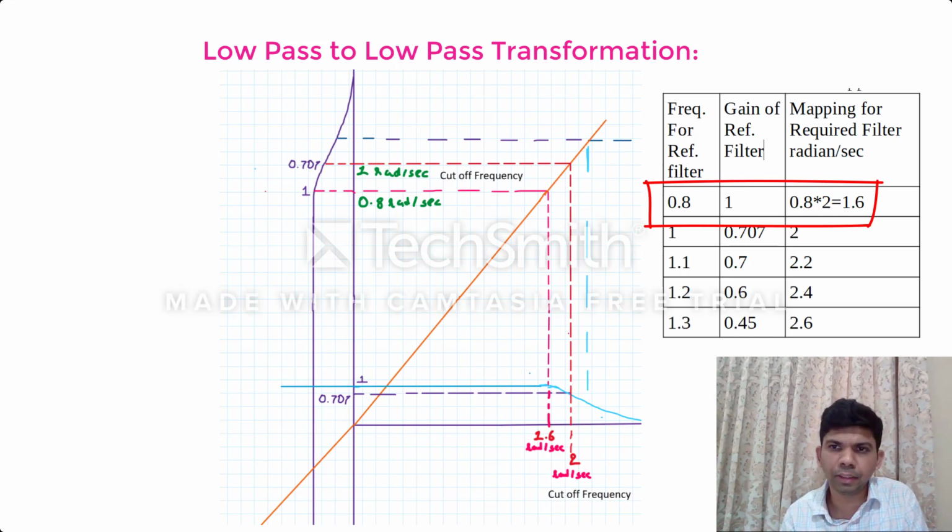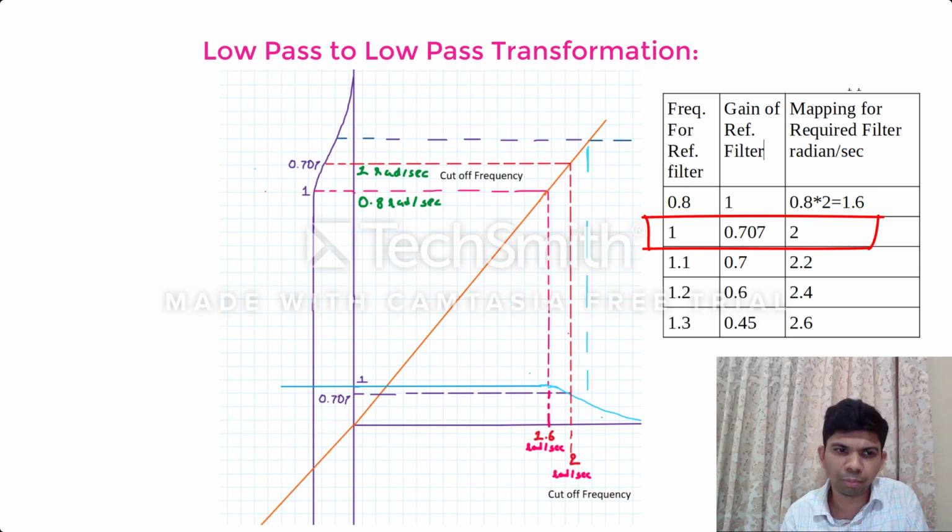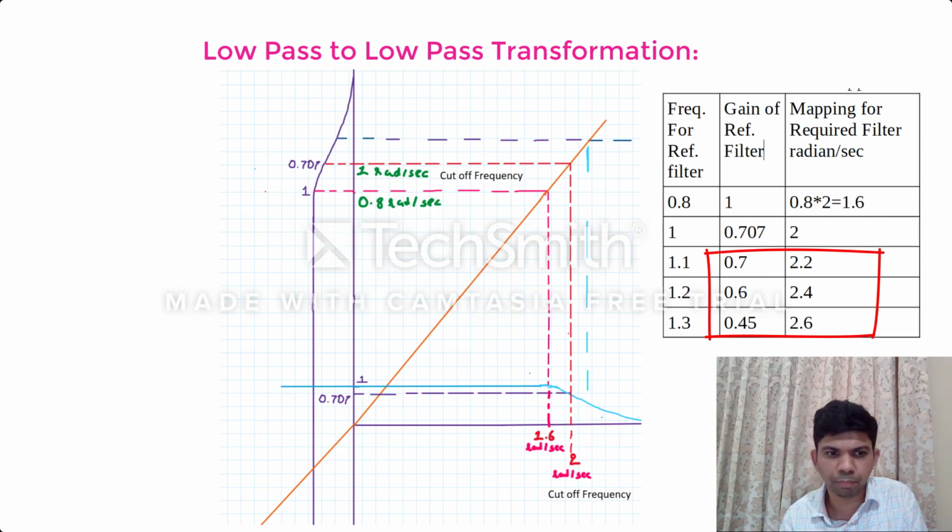As the gain is 0.707 at 1 radian per second in the normalized filter, I must get a gain of 0.707 at 2 radian per second. And similarly, I must get gains of 0.7, 0.6 and 0.45 respectively at 2.2, 2.4 and 2.6 radian per second in the desired frequency characteristics.